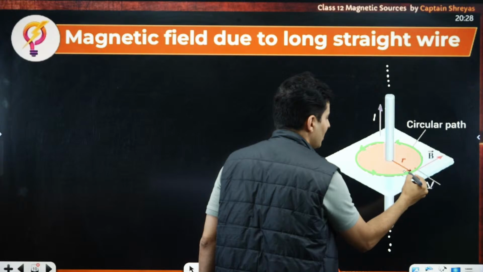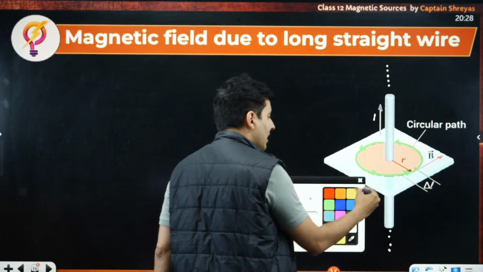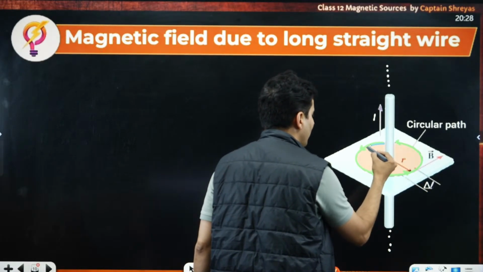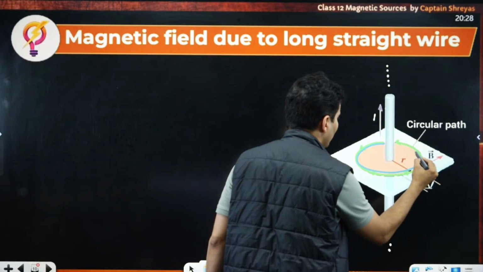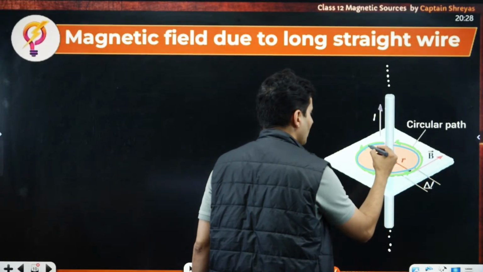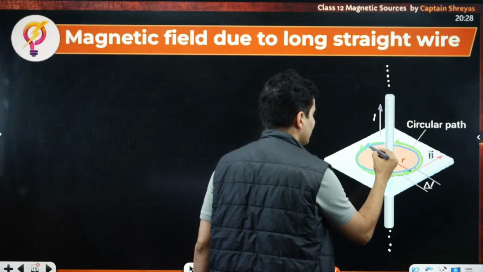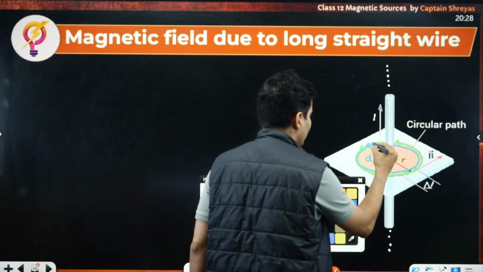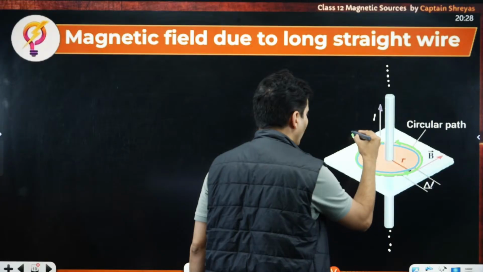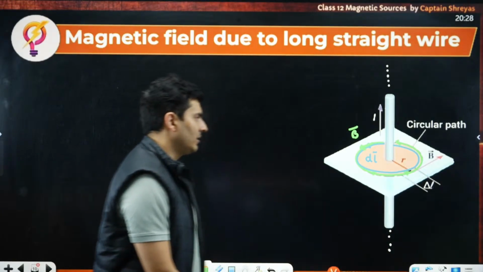So what I do, I play it smart. I go exactly along the magnetic field lines. So at every single place, my distance which I travel and the magnetic field, both are going to be parallel to each other.